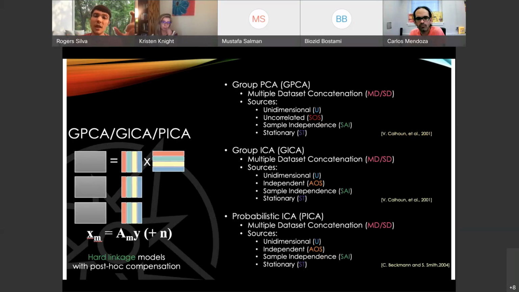Then you do the same for every subject, and you stack those 50 components from each subject into a group matrix. And on that concatenated stacked matrix, you apply PCA again before you run ICA. So that's the second PCA, the second level PCA, group level PCA.